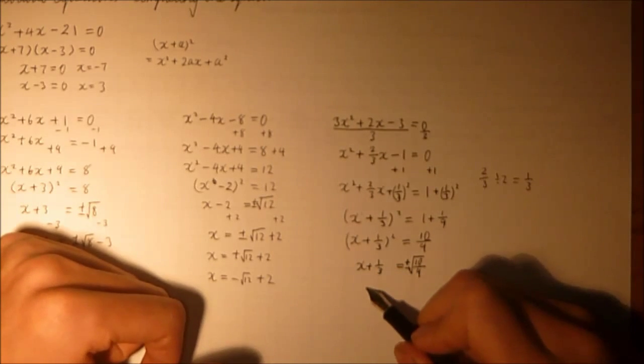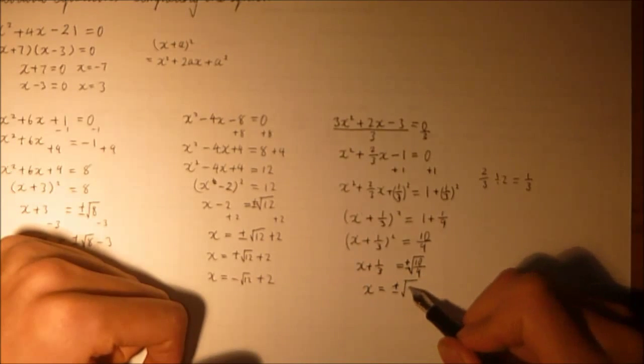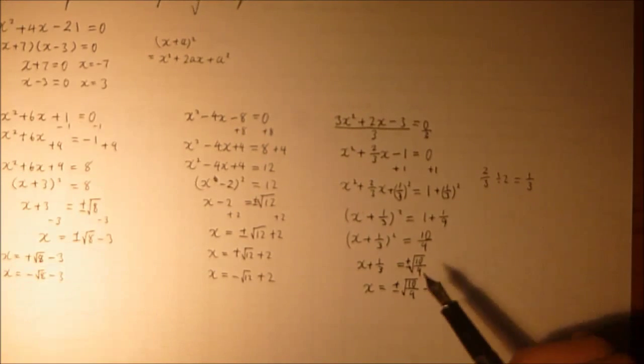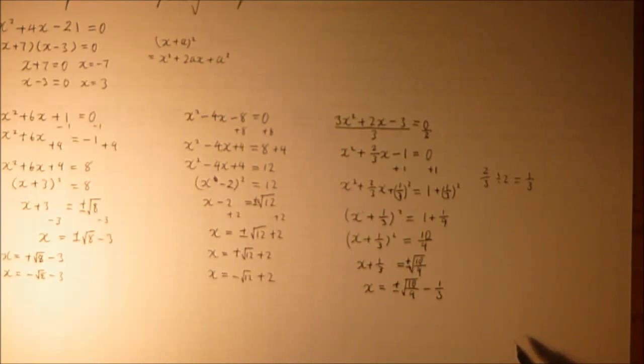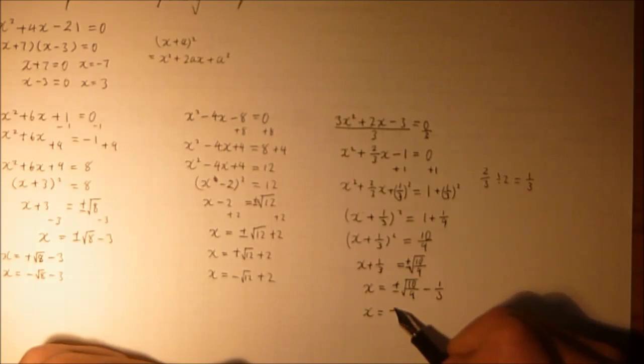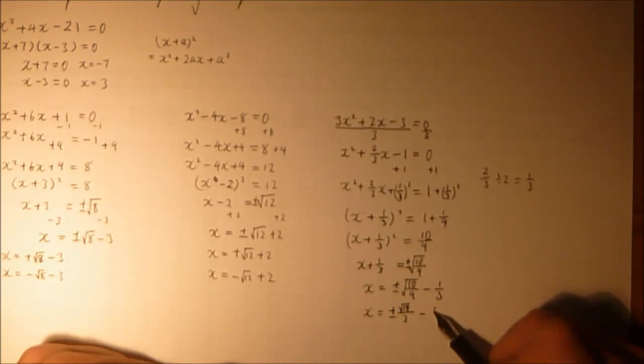And x equals positive or negative square root of 10 over 9, minus 1/3, since we're subtracting 1/3 from both sides. And if you want to simplify it further, x equals positive or negative square root of 10, over the square root of 9, which is obviously 3, minus 1/3.